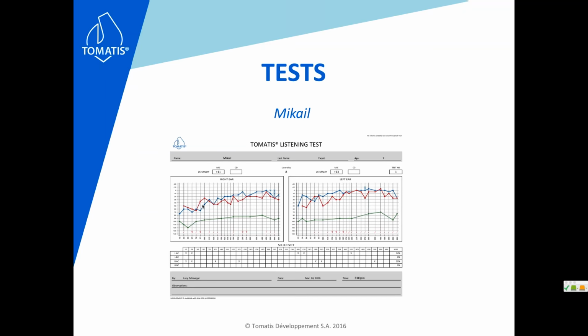That's the same for language or writing or speech. You need to go from gross to fine. So that's one thing that has to be clear with the parents, because they're going to expect changes in writing. That will happen, that's for sure, but maybe not at the beginning.